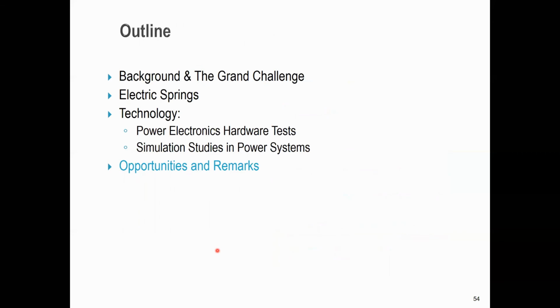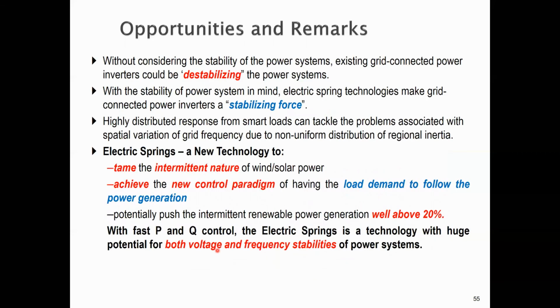To conclude, we can see that it is urgent for us to drastically adopt more and more wind and solar power, but because of the intermittent nature of renewable energy, injecting intermittent power into the grid could destabilize the power system.